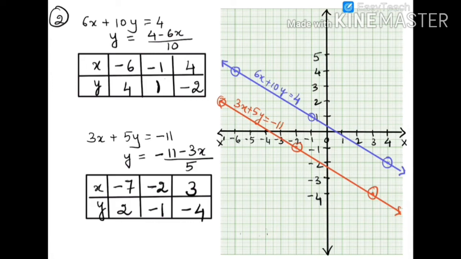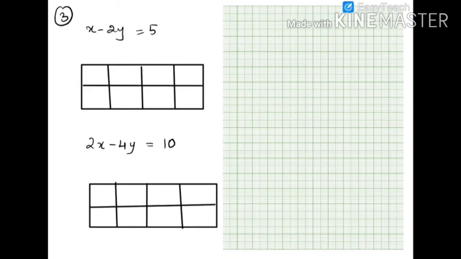After plotting these equations on the graph, you will observe that this pair of linear equations represents parallel lines. Similarly, you have to find the table of solution for the third pair of linear equations given over here and represent them on the graph.